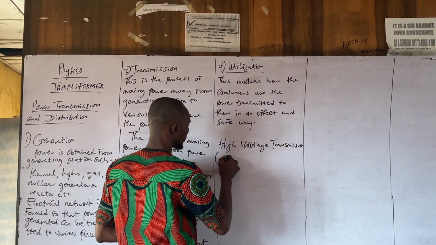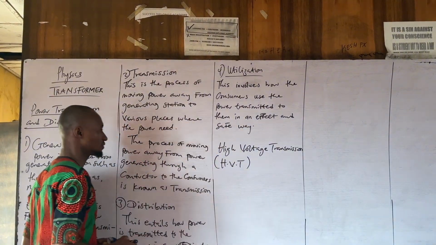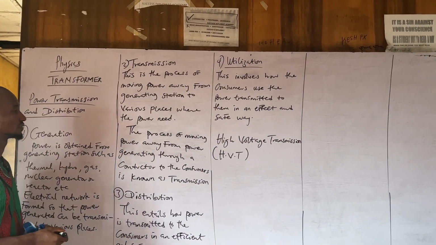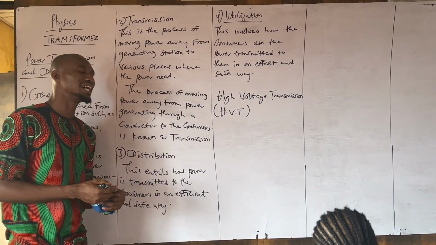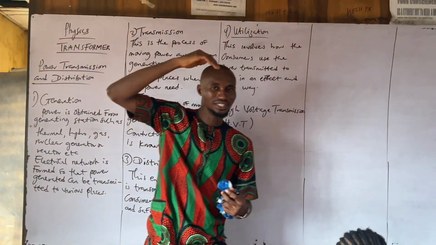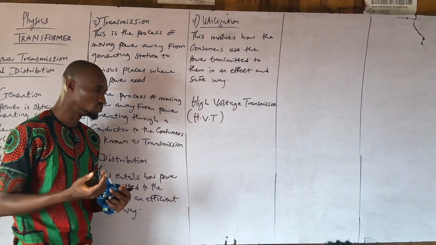In bracket you can call it HVT. And you know that electricity is transmitted in high voltage. When electricity is transmitted at high voltage and low current, what do you do?